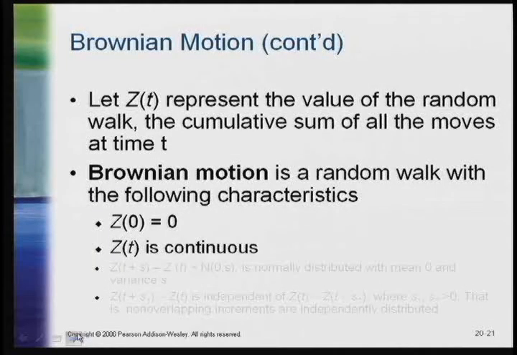Well, z of t, which is the definition of Brownian motion, will have some properties. I will tell you at the outset, they are properties that seem reasonable, but it's by no means a simple feat to formally justify that this exotic creature called Brownian motion actually exists.